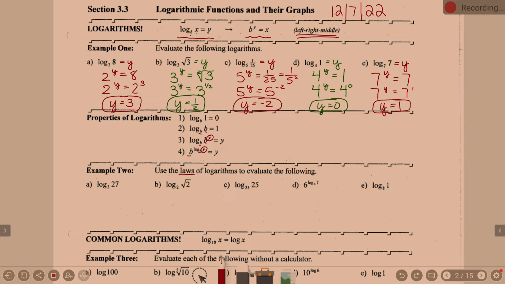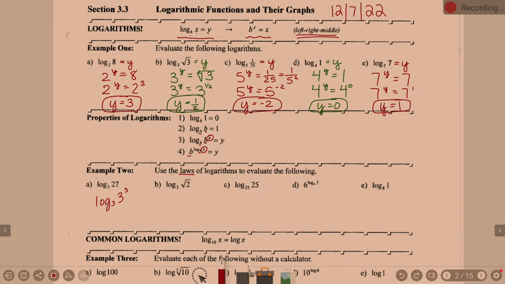So, log base 3 of 27. We want to make the base of 3 the same as the base of 27. So how can we rewrite 27? 27, check your math, is 3 to the 3rd: 3 times 3 is 9, times 3 is 27.